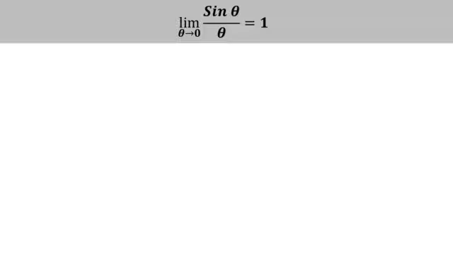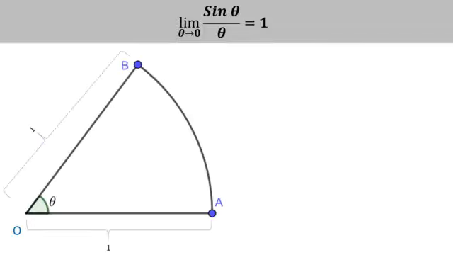So please enjoy this. Let us draw a section of a circle with radius 1 unit, with center at O and central angle theta. A and B are the initial and terminal points. Let us join the points A and B. Let us draw a perpendicular from B to OA as BC.